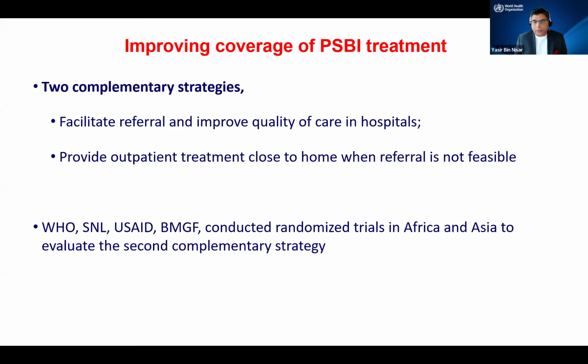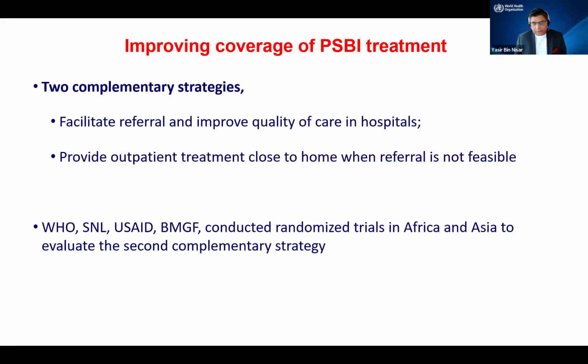Therefore, the first strategy was taking a much larger time, as you can imagine. And if I ask you, you know how difficult it is in many low and middle income countries with resource poor communities to refer a young infant from the community to the hospital. There are no roads, no transport, no public transportation.